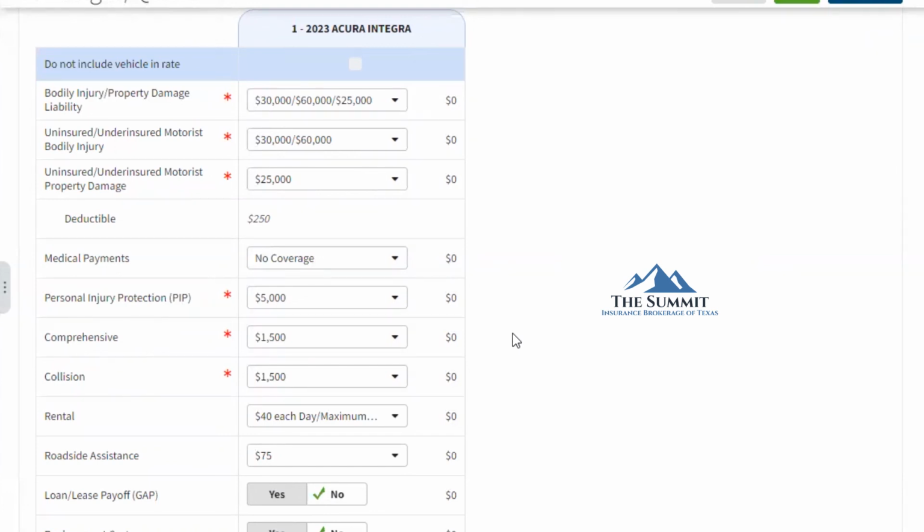If you can get an auto policy with the same company as your home policy, they typically will give, especially this specific carrier here, a huge discount for doing that. But not in all cases is it going to be the best fit.